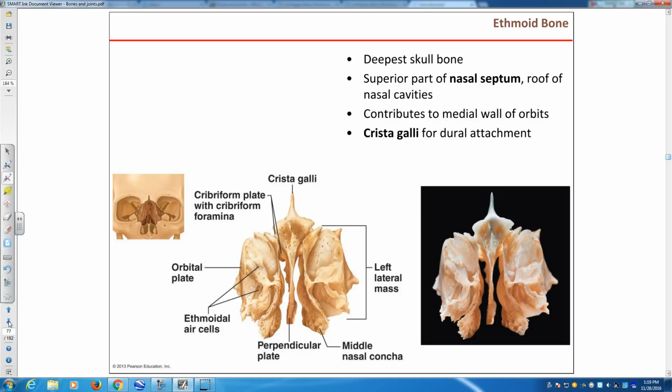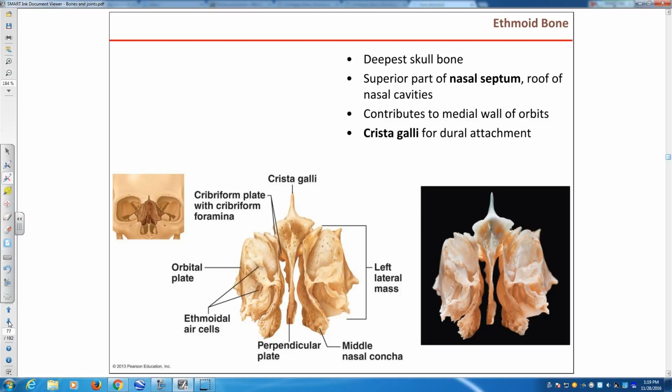Ethmoid bone. On the skull model, you can see the sphenoid bone here as a component of the skull, and the part of the ethmoid bone here, the cribriform plate of the ethmoid bone, if you look inside.